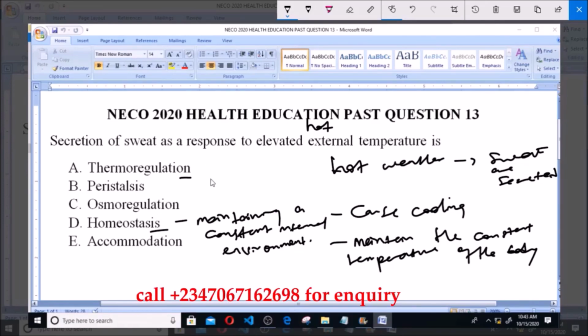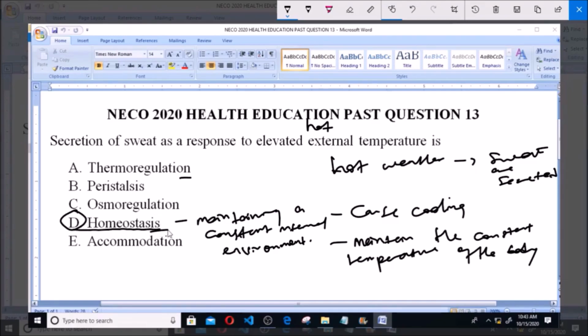So thermoregulation helps us to maintain this constant body temperature, no matter the temperature of the surrounding. That is why when the external temperature is high, sweats are secreted, so that when they are evaporated, it causes cooling, thereby maintaining the internal temperature of the body. And that is homeostasis. So the answer to this question is option D, homeostasis.